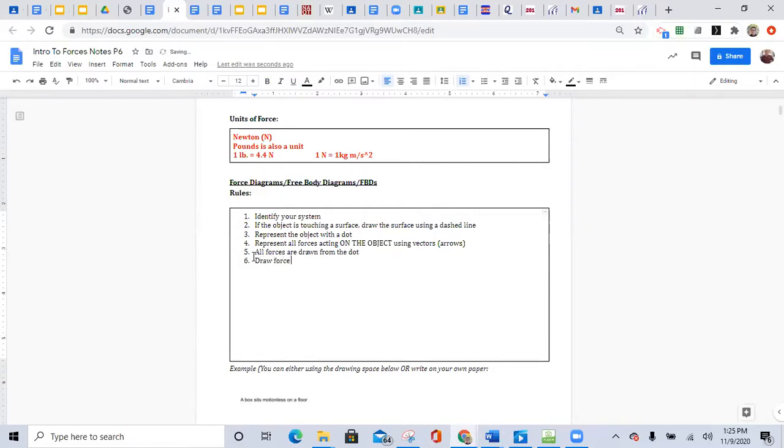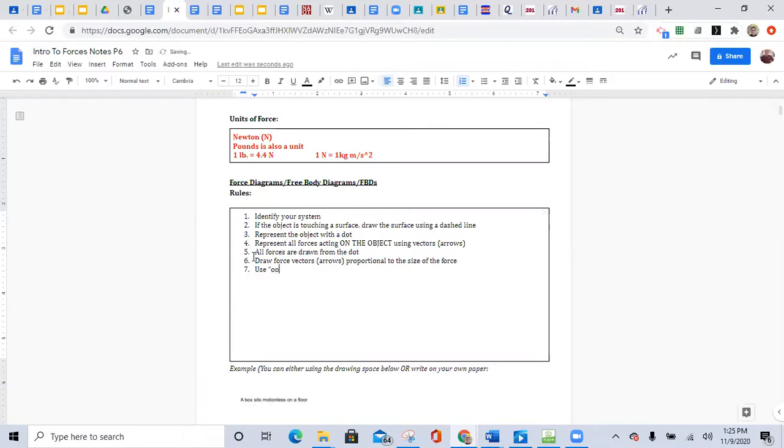Draw force vectors, again arrows, proportional to the size of the force. If it's a really big force, then you would draw a really big arrow. If it's a really small force, you would draw a small arrow.